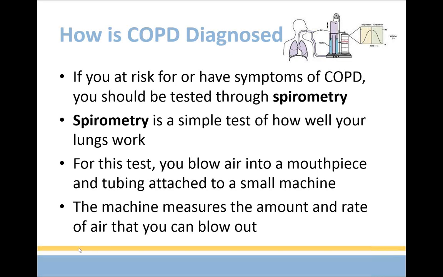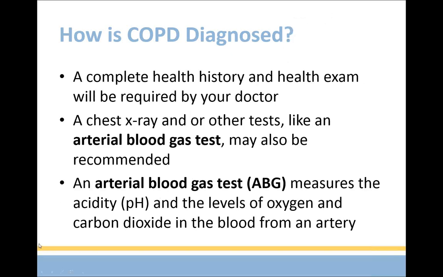Also, your physician will do a complete health history and health exam, chest x-ray and other tests, such as an arterial blood gas test might be recommended. An arterial blood gas test is also known as an ABG.